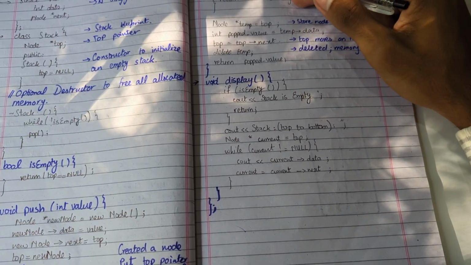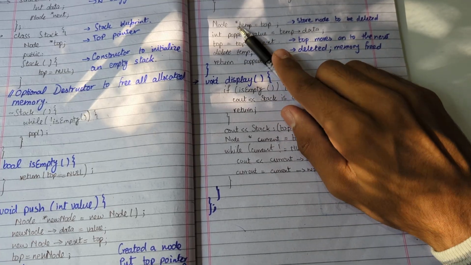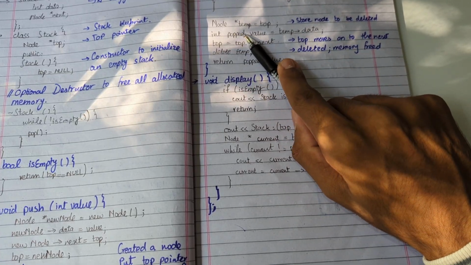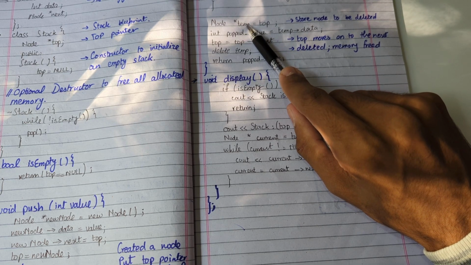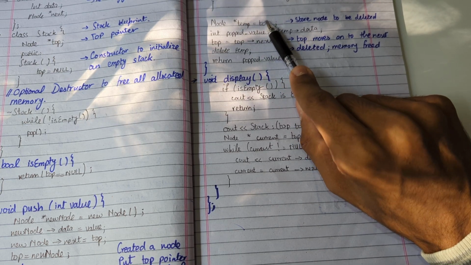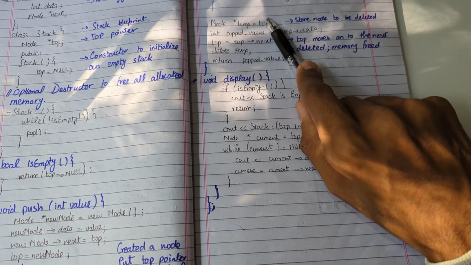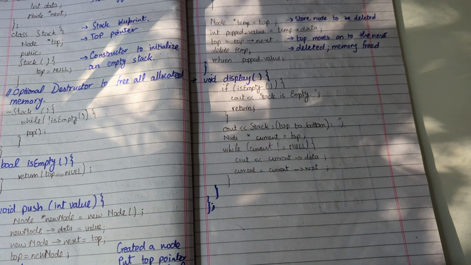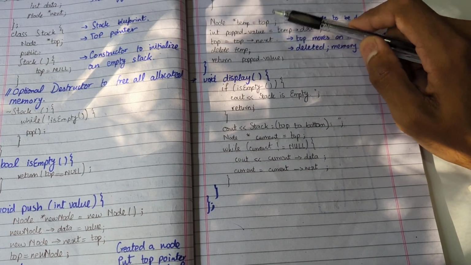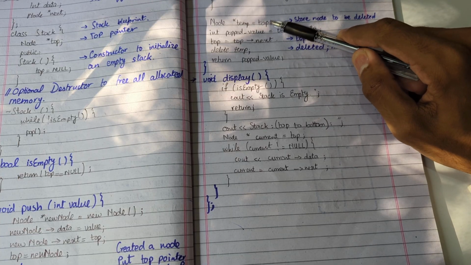out of the way. If it's not empty, we're going to create a new node called temp, and we're going to let it equal top, because obviously once we're removing an element from a stack, it has to be the topmost element. The topmost element of the stack is pointed to by top.